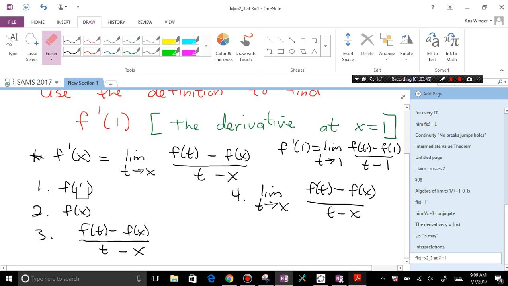And so for these steps, we're going to find f of t, f of 1, f of t minus f of 1, and then this is a 1. We'll do x in just a second.